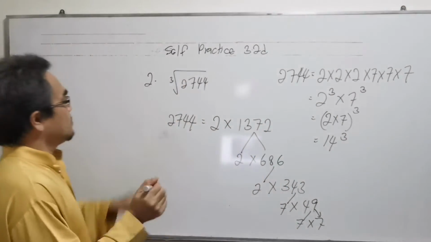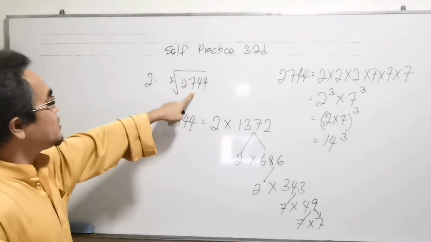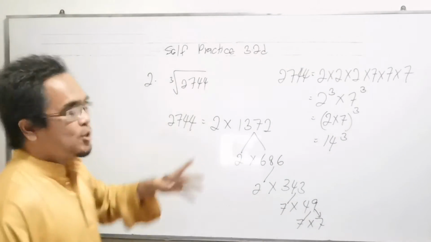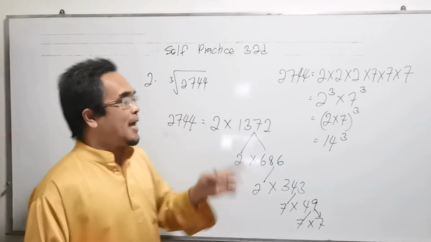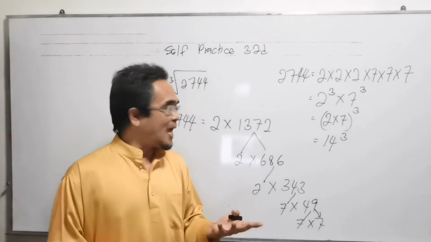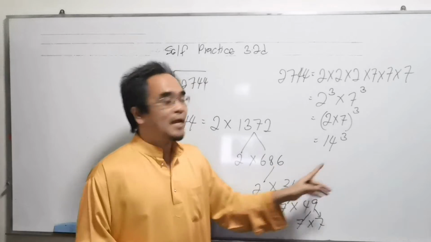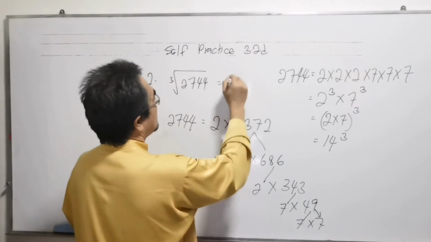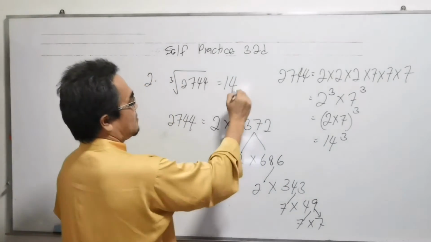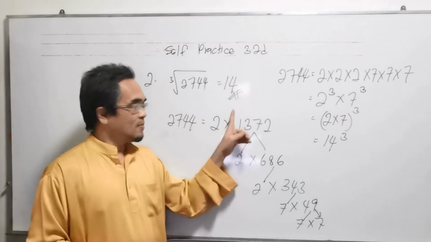So the cube root of 2744 is, you are looking for a number that multiplies itself 3 times. So this is the number. Correct?